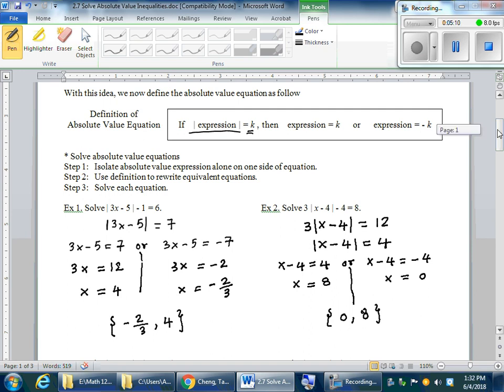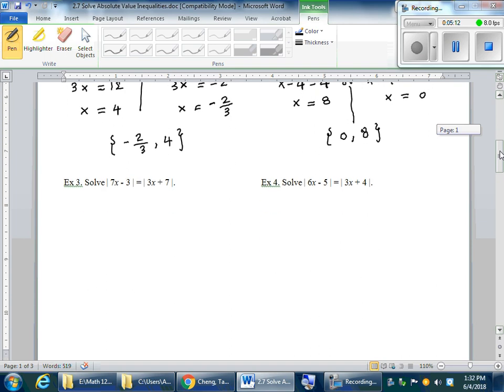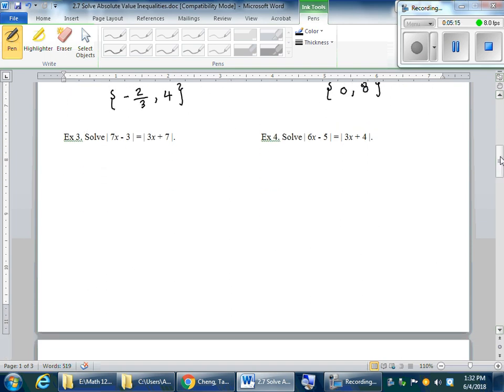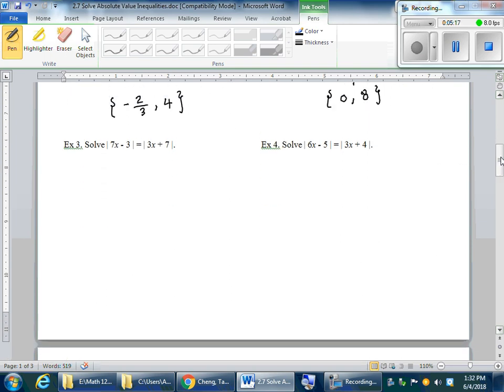And sometimes when you are solving absolute value equations, you have absolute value on both sides. So how do we take care of that situation? Okay, it's very simple. Treat one side as a number. So meaning you have to decide which side you want to apply the equivalent definition. So for example 3, I will apply the definitions of absolute value on the left hand side. So the right hand side I will treat like a number.